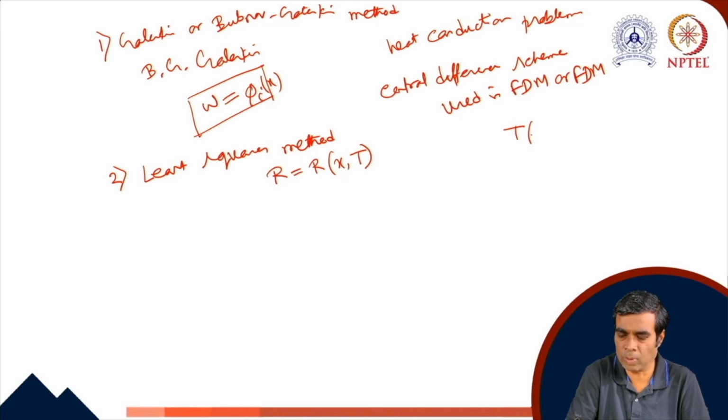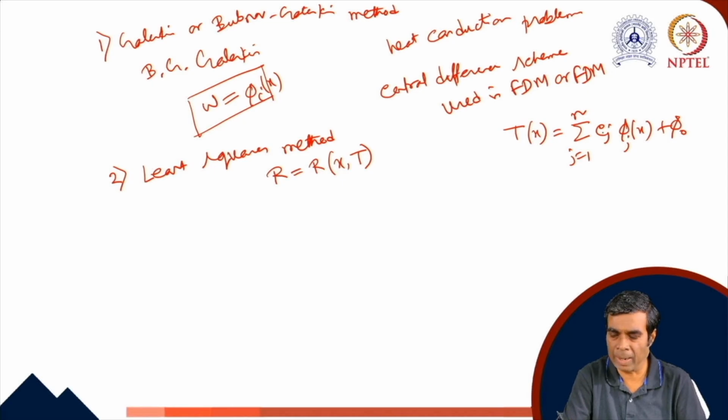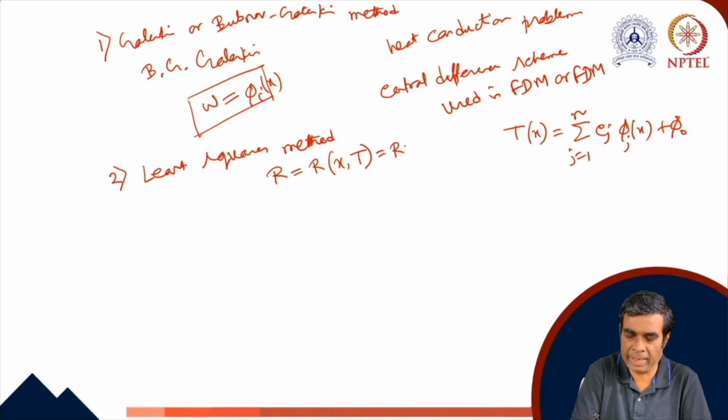Now this unknown quantity is a function of space. We wrote it as the trial solution sum of Cj phi j(x) plus phi 0, where j is varying from 1 to n for n parameter approximation. Now this T(x) we can represent as a function of these unknown coefficients cj. So this can be written as r of x comma cj.